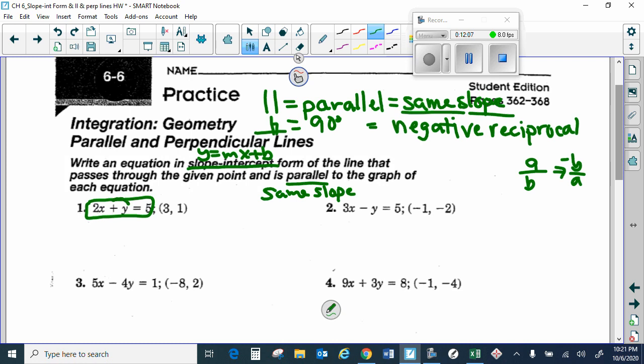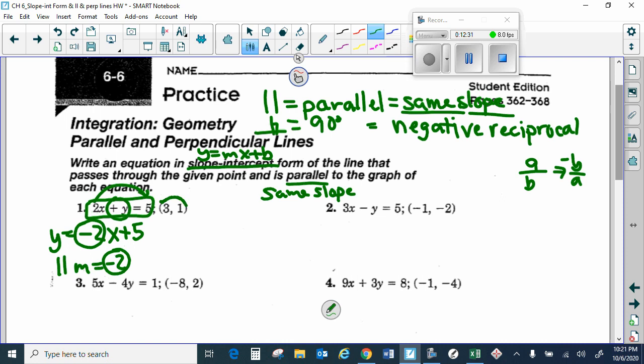The y is already positive, so I'm going to leave that there and subtract the 2x across. So it becomes negative 2x plus 5. There's my slope. I want the same slope. So my parallel slope, there's my parallel symbol, m is negative 2.